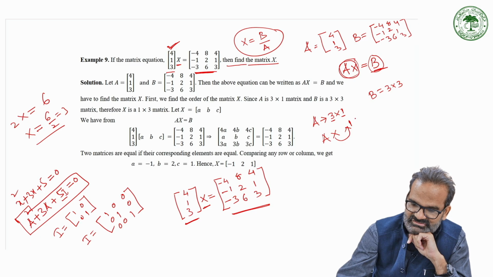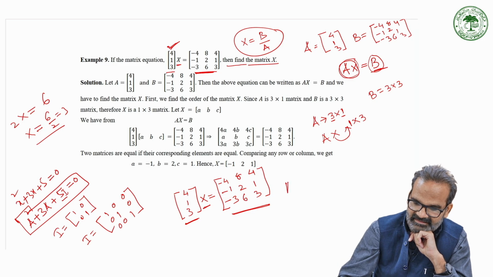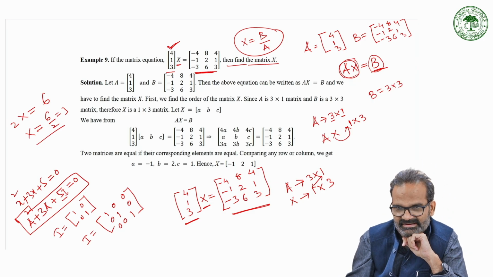What should be the columns in X? If we take it as 3, see the condition: the order of A is 3 by 1, and if we take the order of X as 1 by 3, this is the condition of multiplication. Columns of the first should be equal to rows of the second.